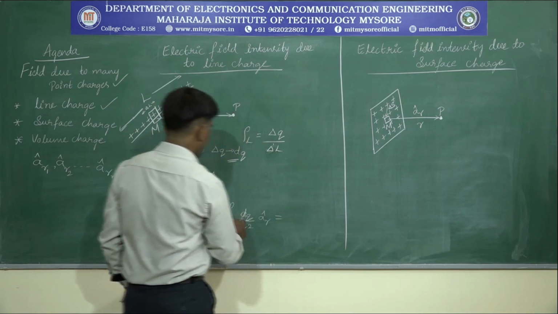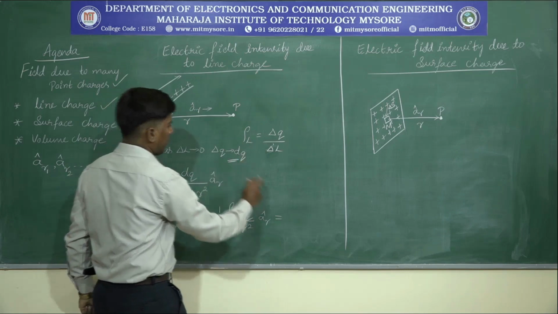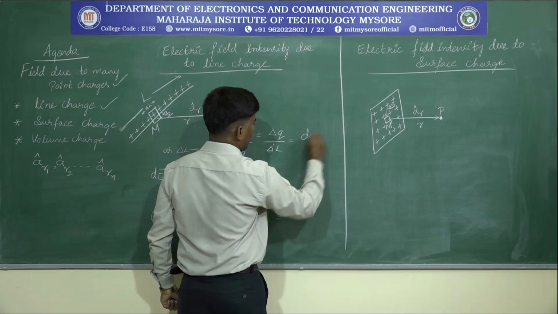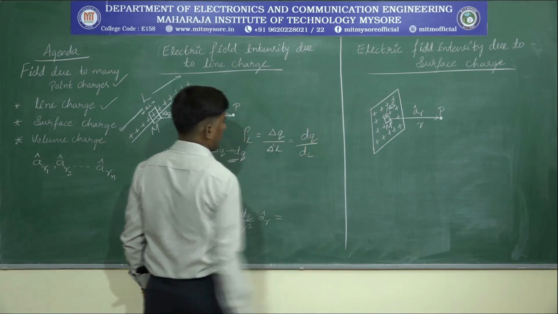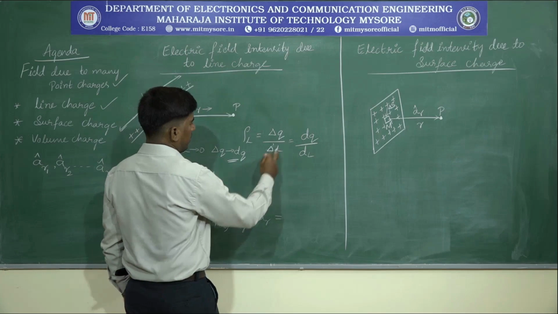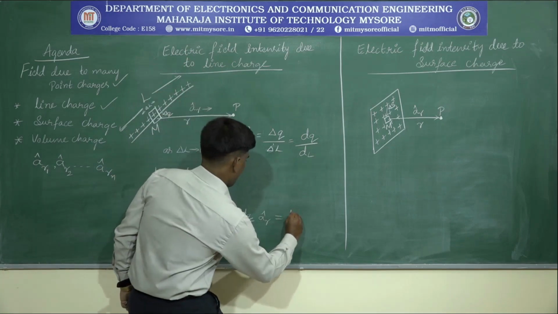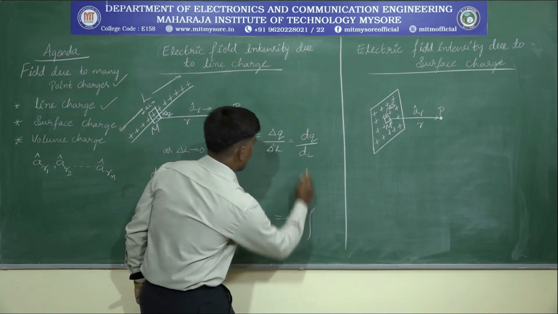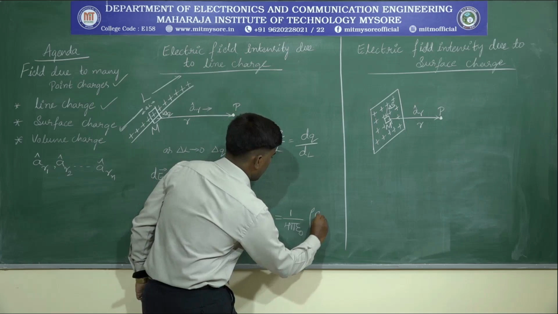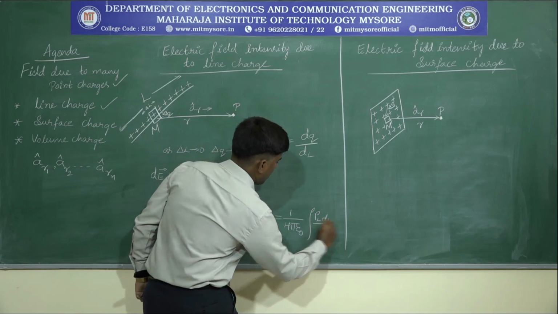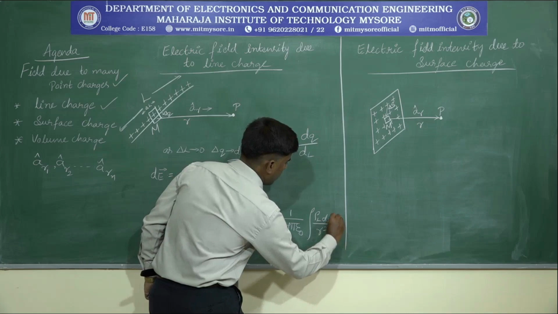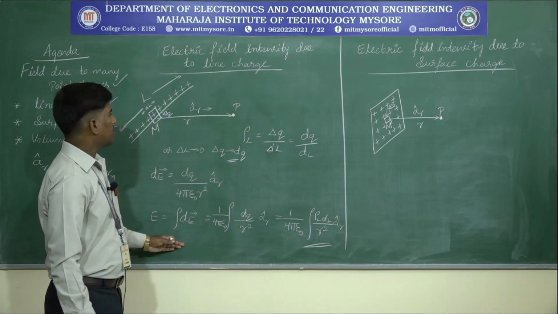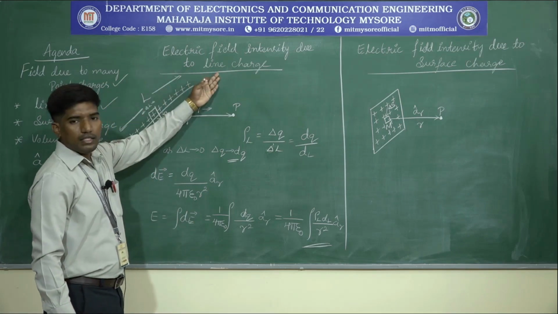In the next step, since dQ by dL is rho L, we can write E as 1 by 4 pi epsilon naught integral of rho L into dL divided by r square into a cap r. So this is the electric field intensity equation for line charges.